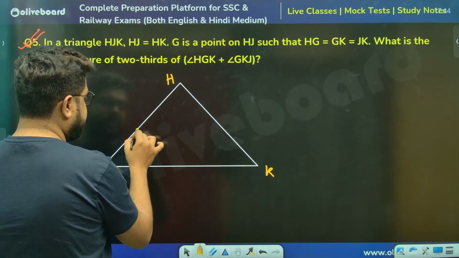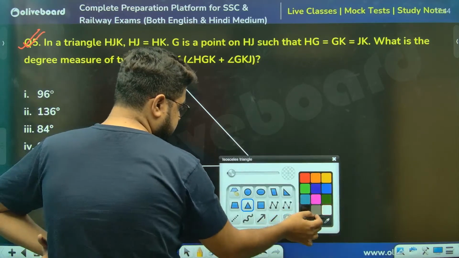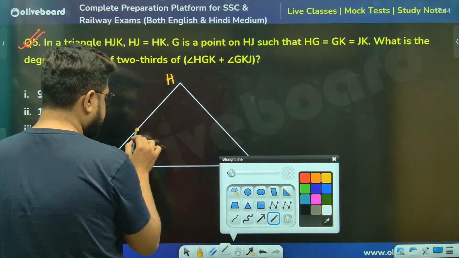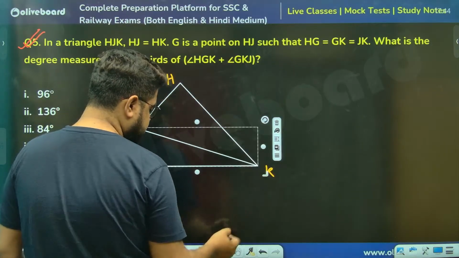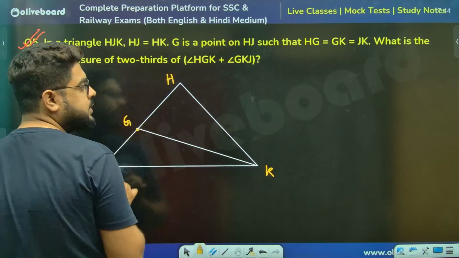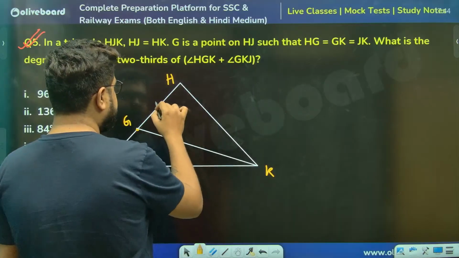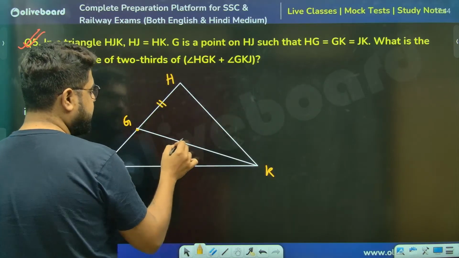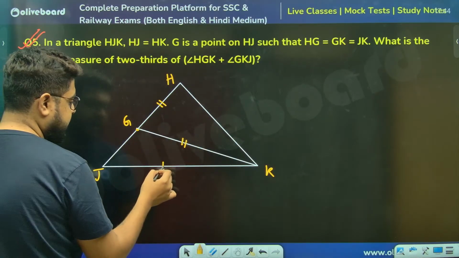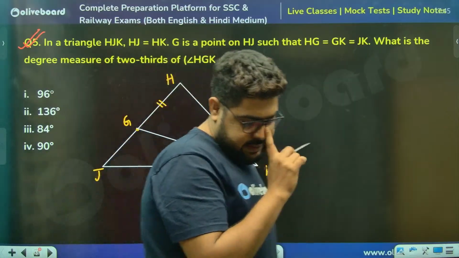I'm just taking it somewhere over here. So this is your G. What they have given: HG, this part, is equal to GK, this part, is equal to JK, this part. Right?